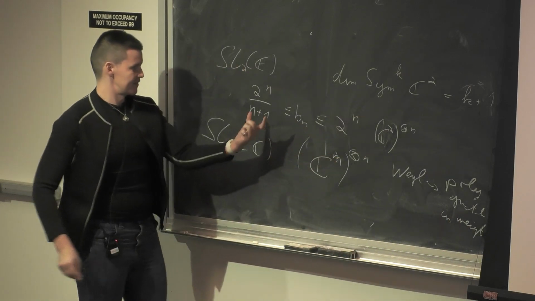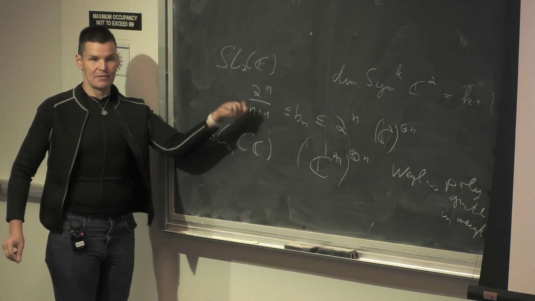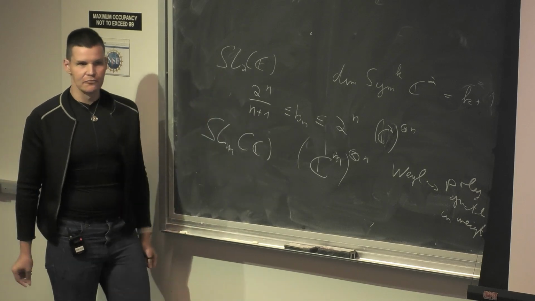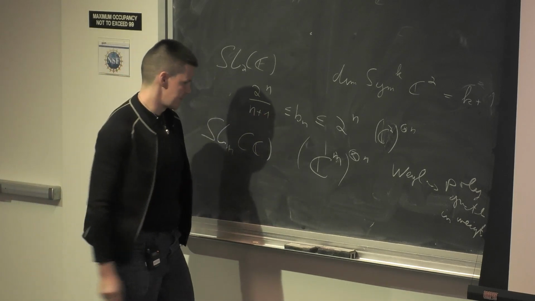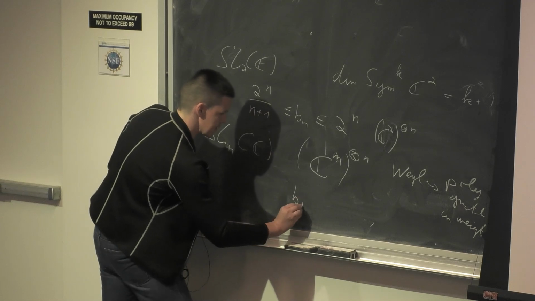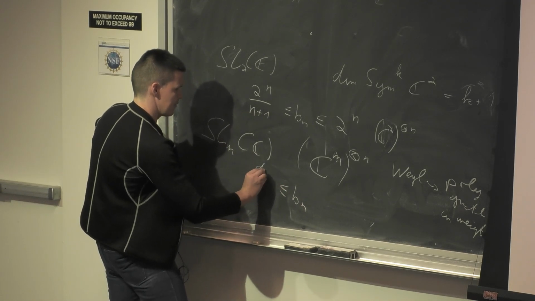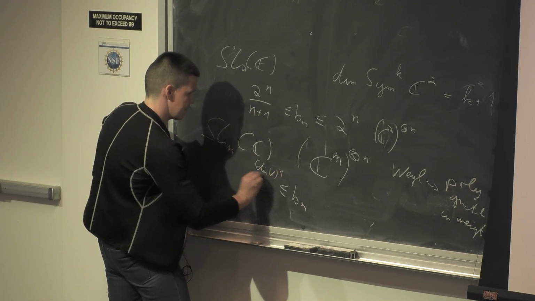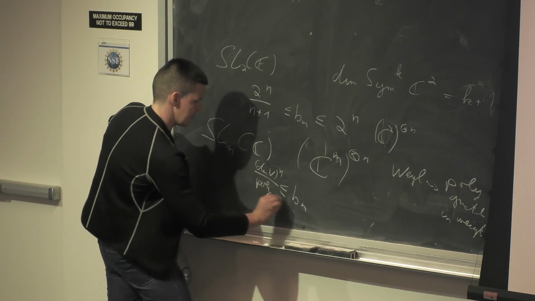Which immediately implies that you can again divide this by some polynomial, take the nth root, it squeezes, and it's gone, right? So again, Bn is bounded by dimension of V to the n divided by some polynomial.